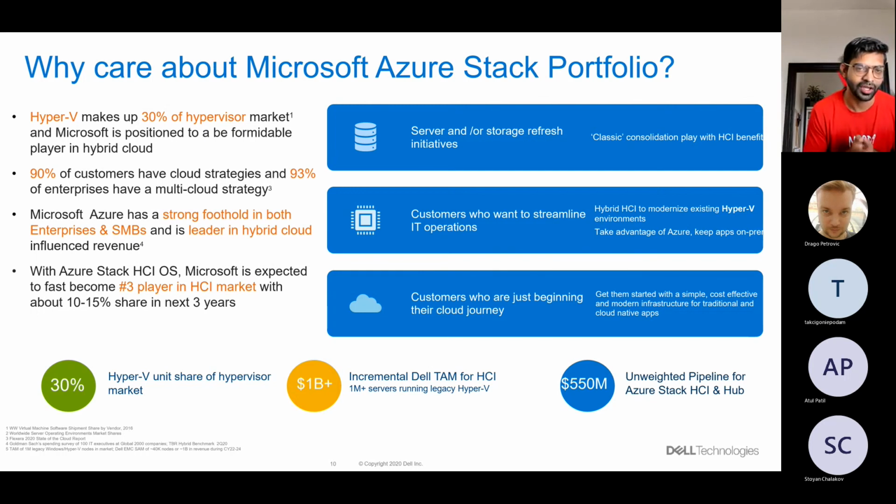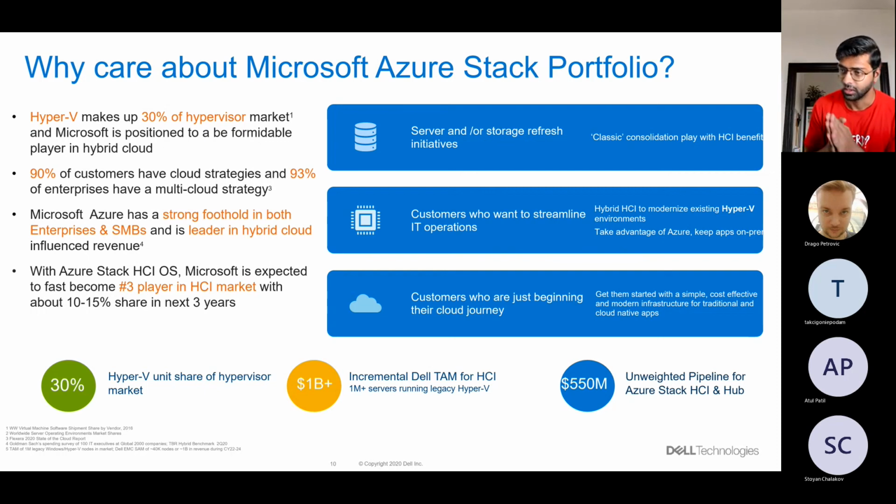There are actually a few players in the hybrid cloud space: VMware, Google, AWS, Azure. But Azure's strategy by far, in my opinion, could be biased, is the best approach that Microsoft is taking towards providing the hybrid solution.